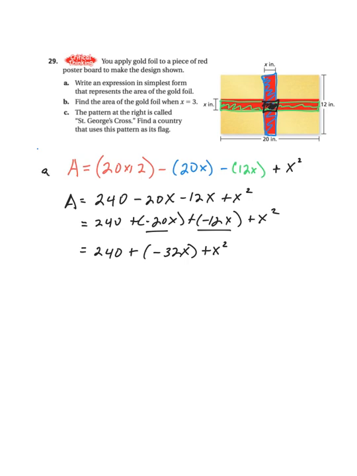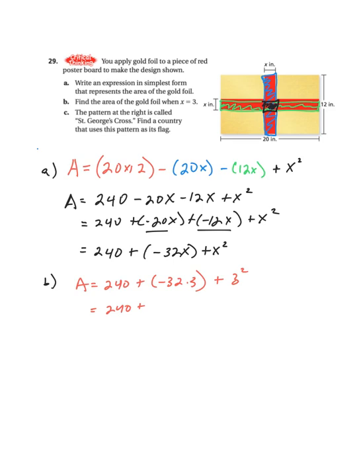Now, that was part A. Part B tells us to find the area of the gold foil if x equals 3. So that part, we're going to say the area is 240 plus negative 32 times 3 plus 3 squared. So that's 240.